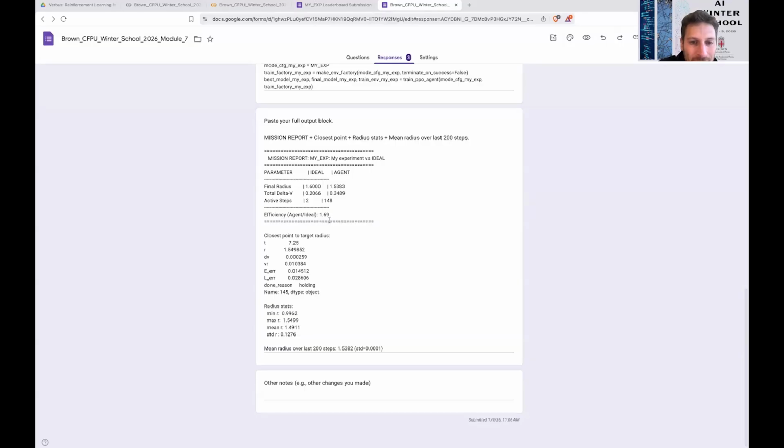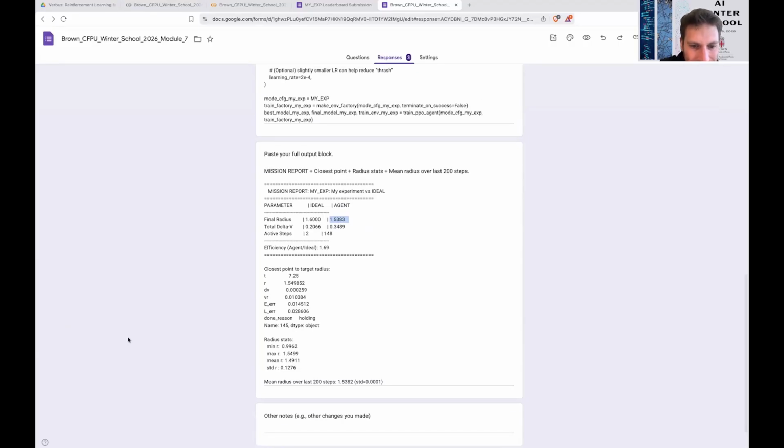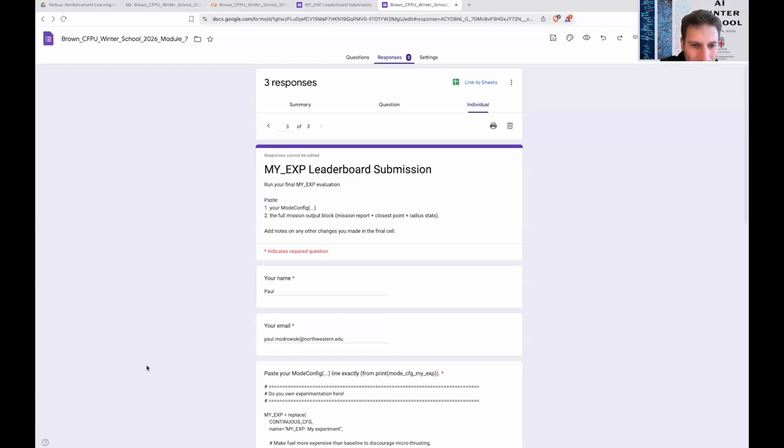Here we got an efficiency of 1.69. So now we're within a factor of two of the Hohmann ideal with Paul's results. Obviously, it still took a lot more burns, and maybe it did converge to an orbit within our tolerance, but it wasn't exactly the right orbit. But it was very efficient compared to the other learned results we've had. So nice job, Paul.